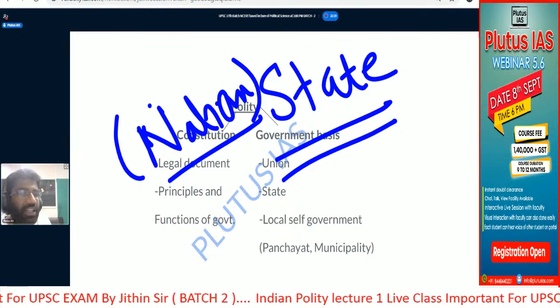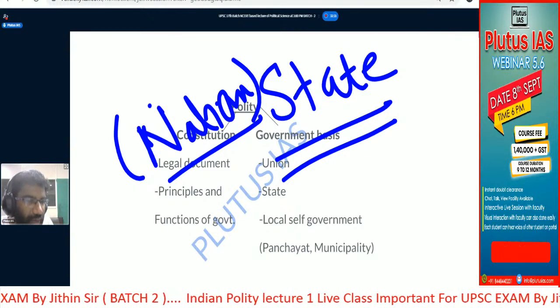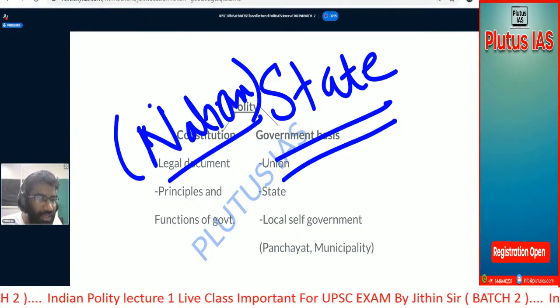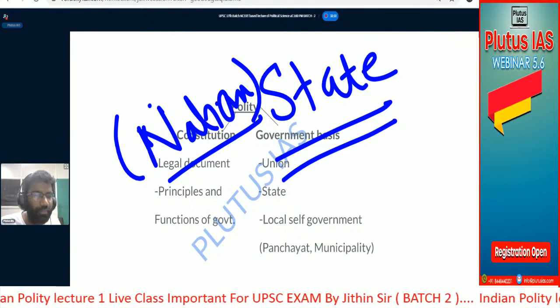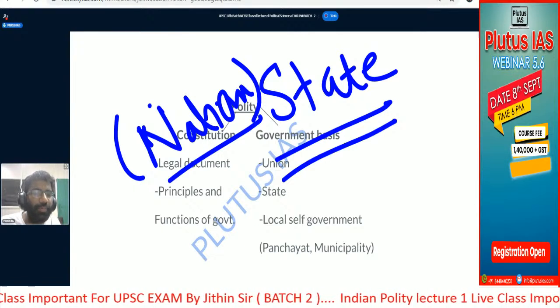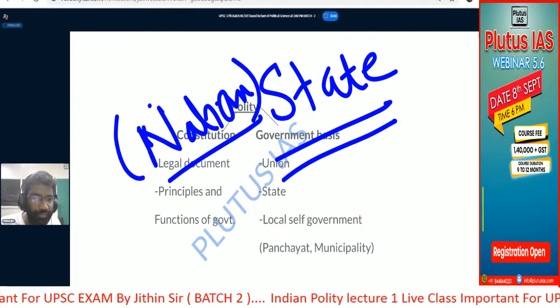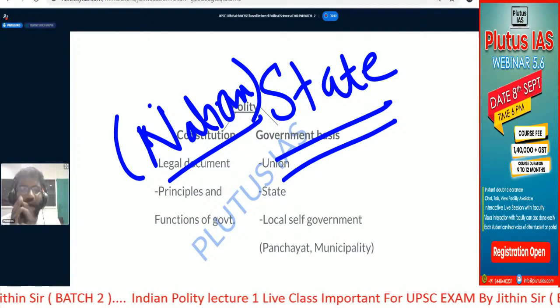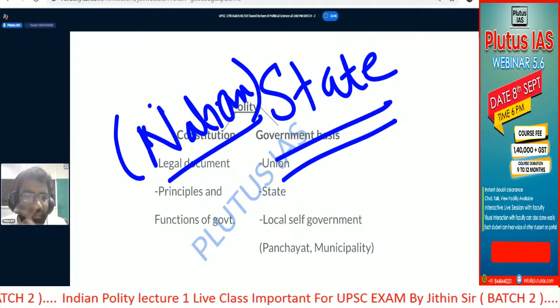Divya, write on the chat box. Harini, switch on your microphone and answer. What are the 4 elements of state?